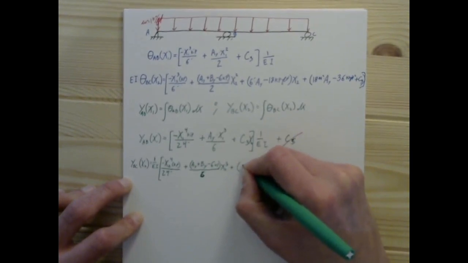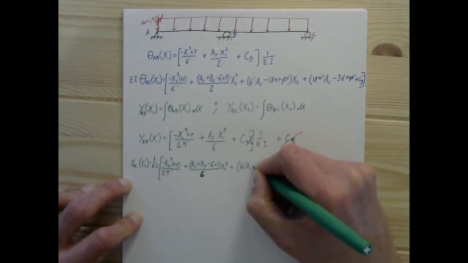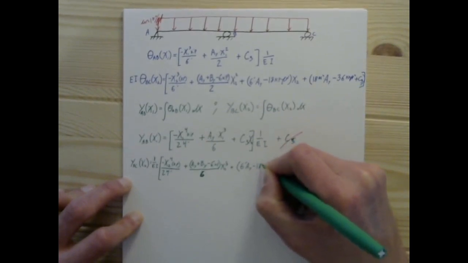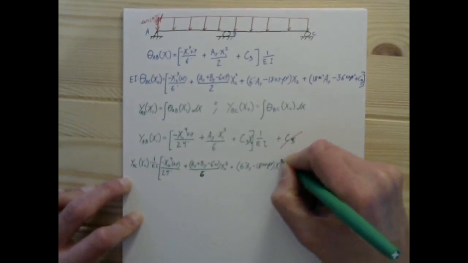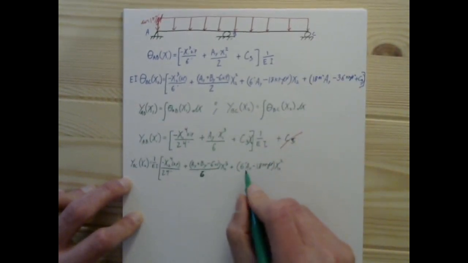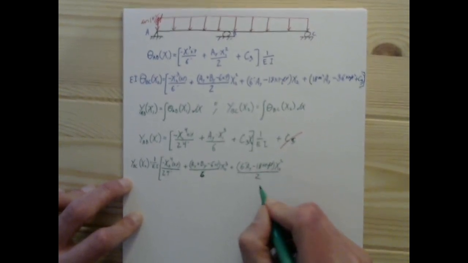Plus 6 feet AY minus 18 kip feet, x2 squared, divided by 2.